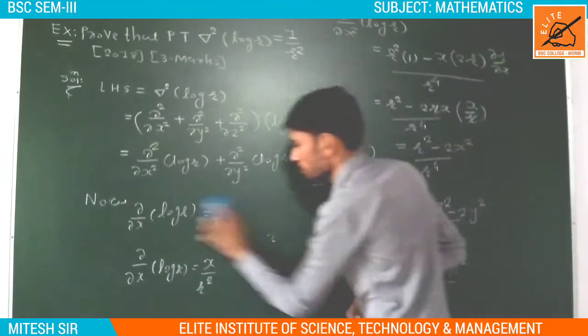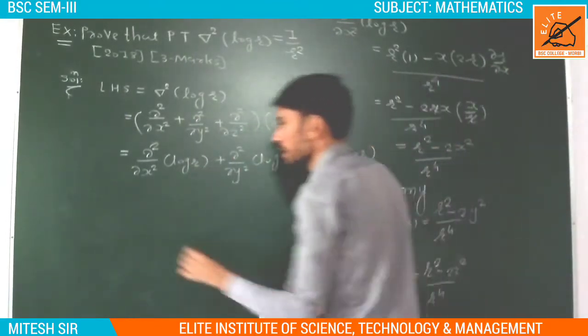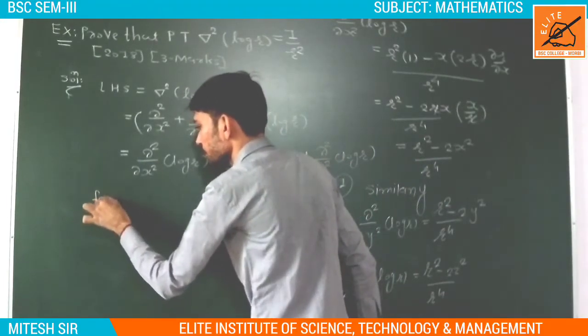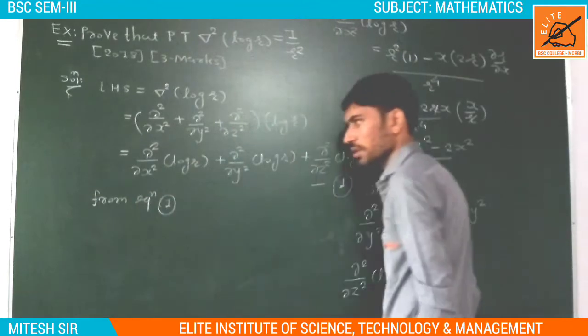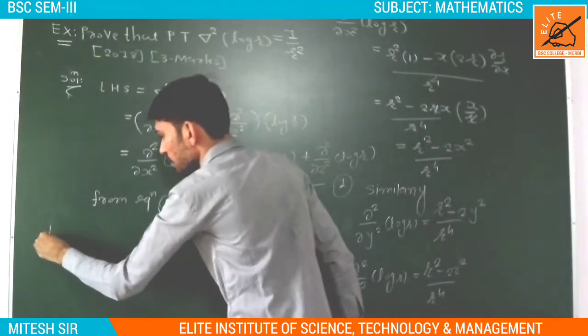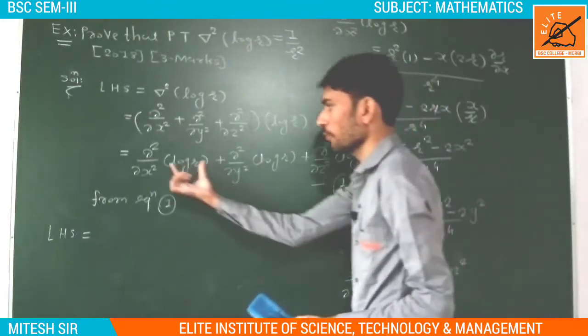Now substitute these three values in equation number 1. So let us substitute. From equation number 1, LHS is equal to, now we substitute these three values. What is the value of the first one?